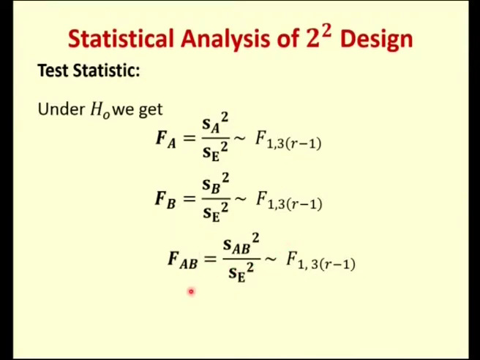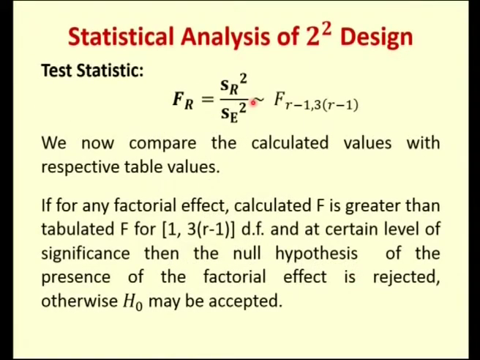For the interaction effect AB, we have the test statistic s_AB squared by s_E squared, which follows an F distribution with 1 and 3(r - 1) degrees of freedom. And for replicates, we have s_R squared by s_E squared, which follows an F distribution with r - 1 and 3(r - 1) degrees of freedom.